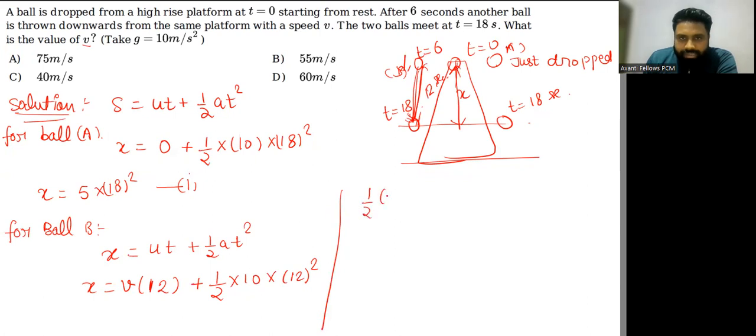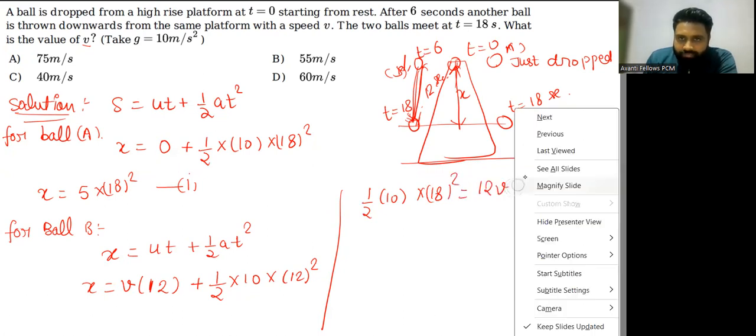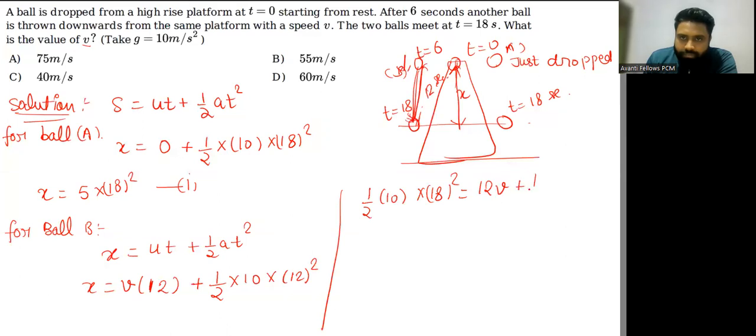It is 1 by 2 times 10 into 18 square equals 12v plus 1 by 2 times 10 into 12 square. Take this on the left hand side. So 12v equals, 5 you can take common, 5 into 18 square minus 12 square.